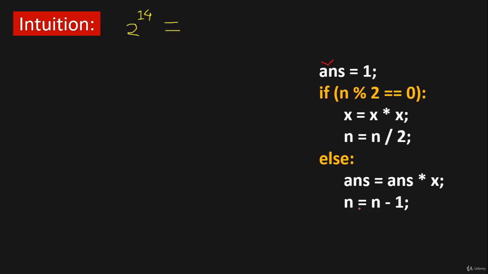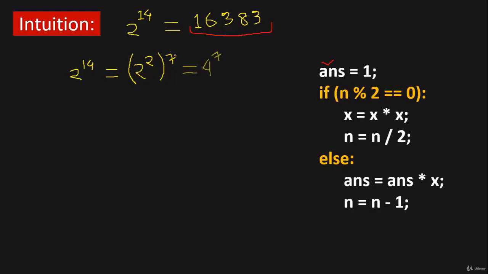If you are given 2 to the power 14, then you have to return 16,384. Now let's see how we can find that using this algorithm. So first we have 2 to the power 14. We can rewrite it like this: 2 to the power 2, the whole to the power 7. Here 2 to the power 2 equals 4, so 4 to the power 7.